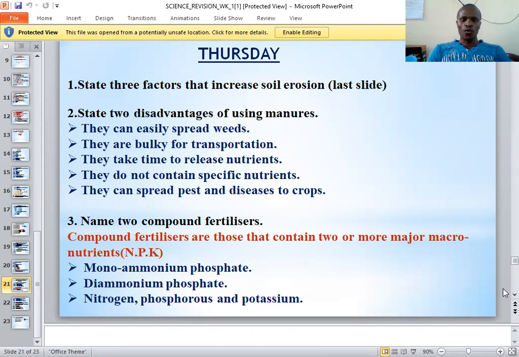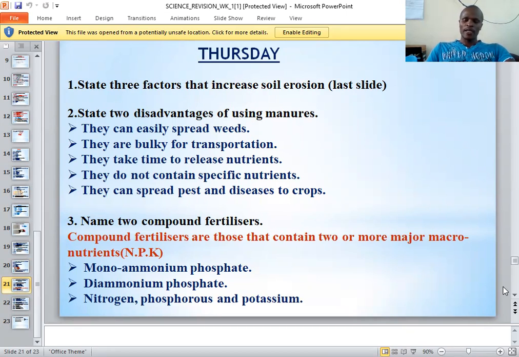Name 2 compound fertilizers. Remember, we have 2 types of fertilizers. We have straight fertilizers and compound fertilizers.